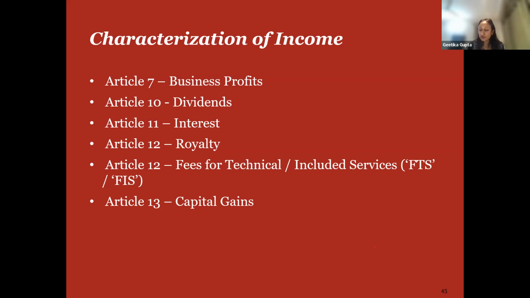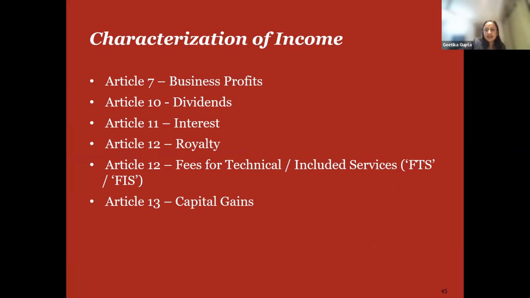So you'll have to move to the tax treaty considering the beneficial provisions. No withholding. Section 195, which Sachin also discussed in the beginning, is like: if you are paying any income which is chargeable to tax, then the withholding needs to be done. If the payment is not chargeable to tax, then there is no question of withholding the tax. The rate will be nil as per treaty provisions.